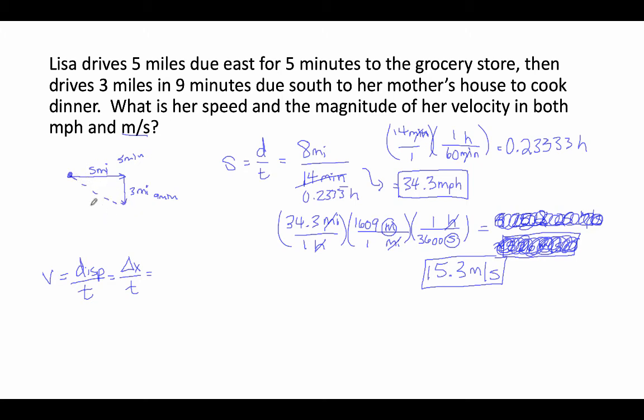And so we have to real quick figure out what our displacement was. So displacement is going to be the square root of 5 squared plus 3 squared, which is 5.831.